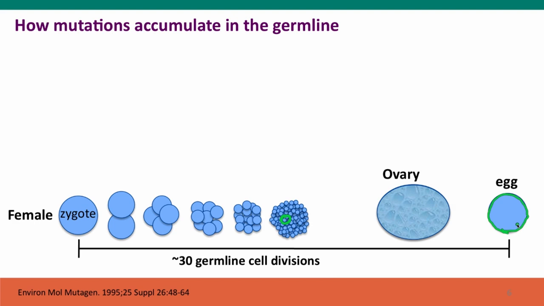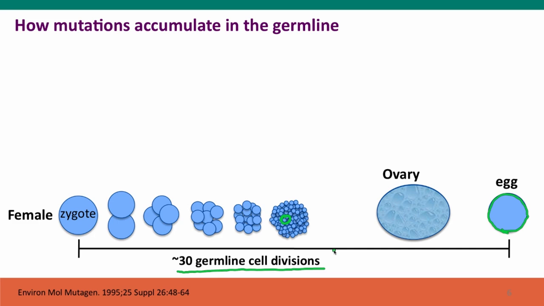In terms of understanding how many mutations accumulate in a generation from one gamete to the gamete in the next generation, what matters is both the mutation rate per cell division and the number of cell divisions. So in a female person, there's about 30 germline cell divisions between the ovum that gave rise to the zygote that gave rise to you, and the ovum that you produce that will give rise to your children.